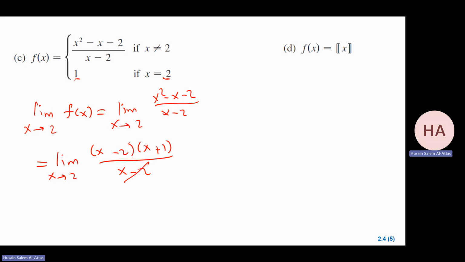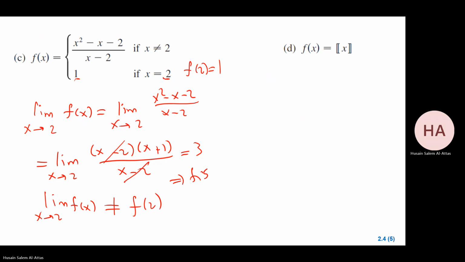Yes, that's correct. Substitute, you get 3. What is f at 2? It is 1. So the limit as x goes to 2 is not equal to f at 2. That means f is discontinuous at x equal 2.